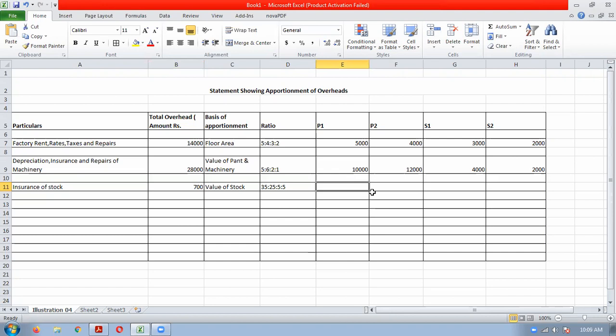Like that, 700 divided by 14, you can solve it. So just give me these values. 350, 250, 50, and 50. Yes, good.